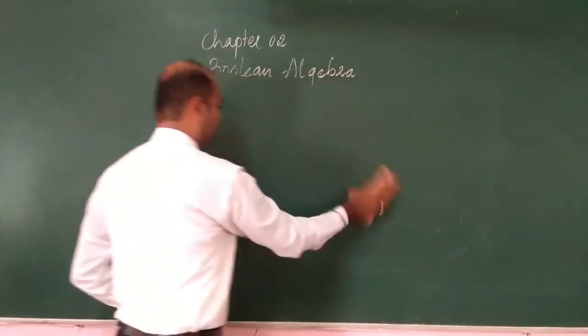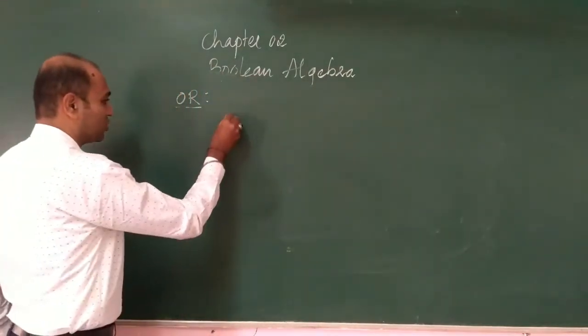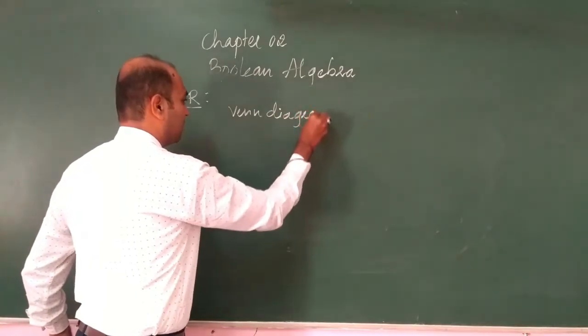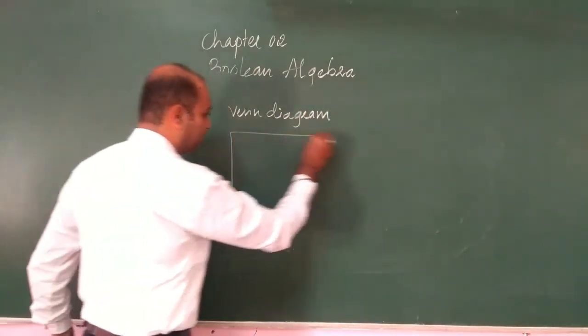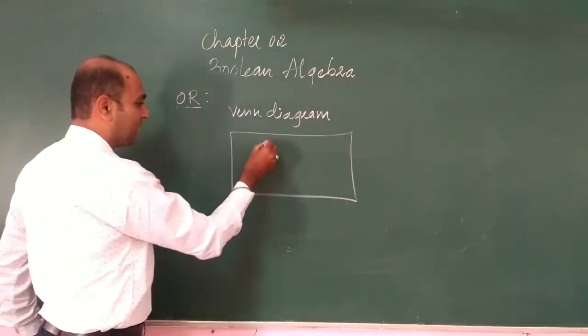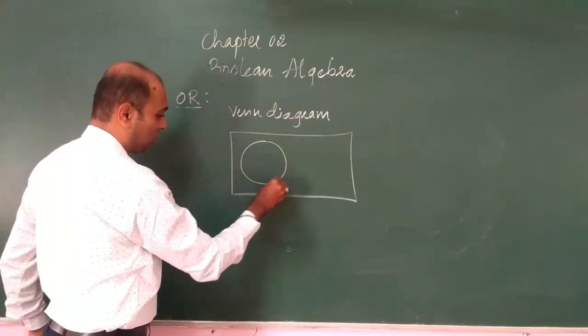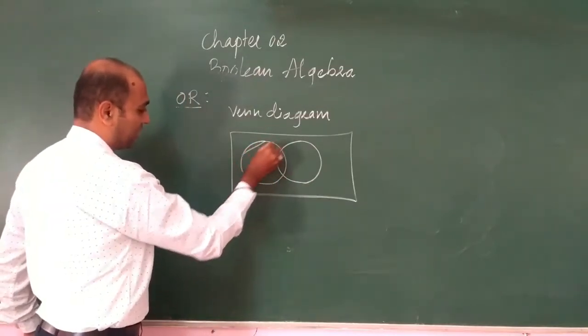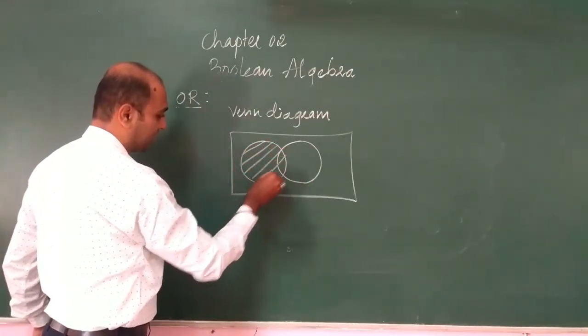in the form of a Venn diagram. So how do you draw a Venn diagram? A Venn diagram consists of a rectangle, and now it has 2 overlapping circles, and I am going to shade the region.